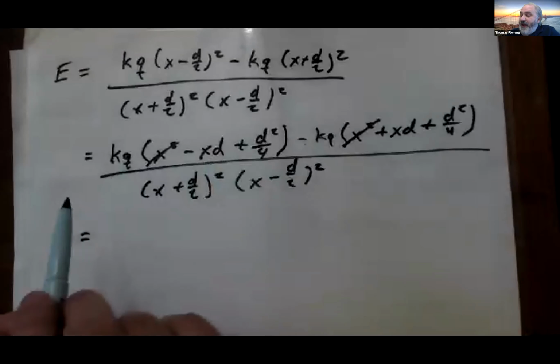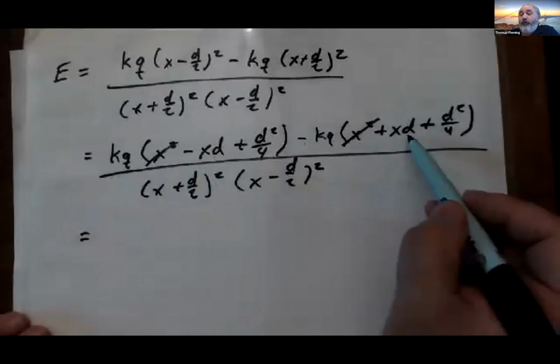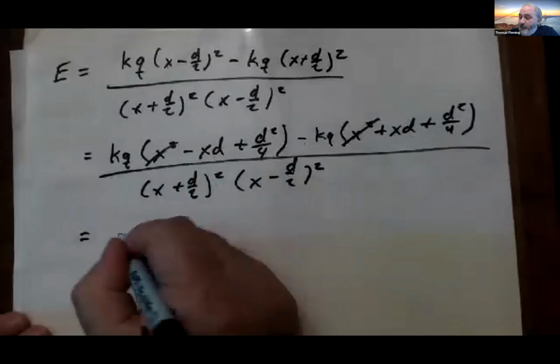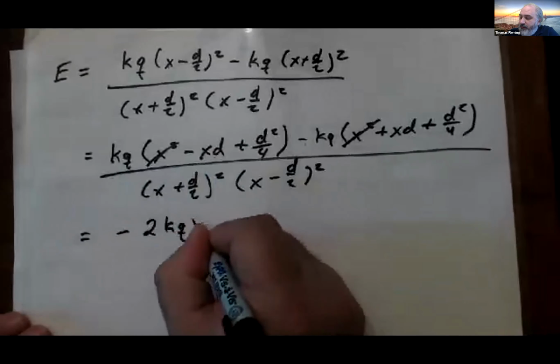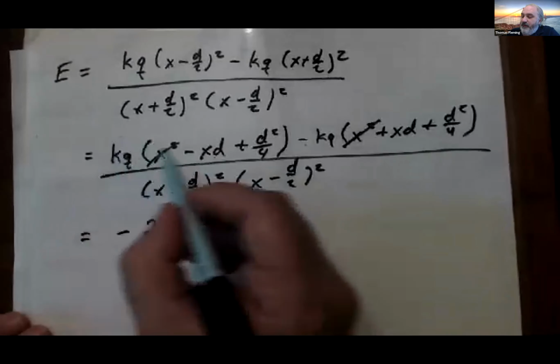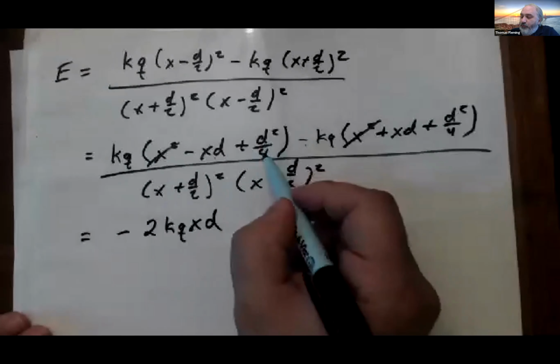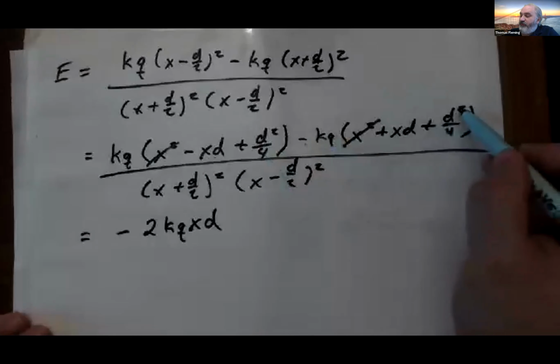So this term and this term are not going to cancel. There's two of them, so I have minus 2KQxd. Now I have KQ times positive d squared over 4, but over here I have minus KQ times d squared over 4.